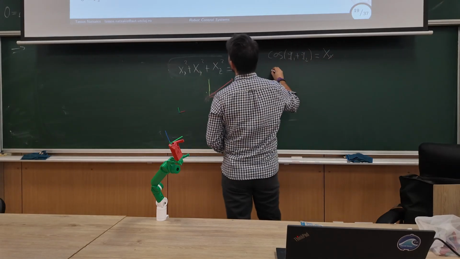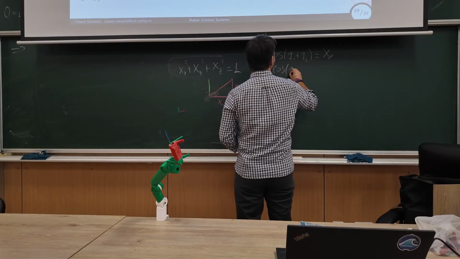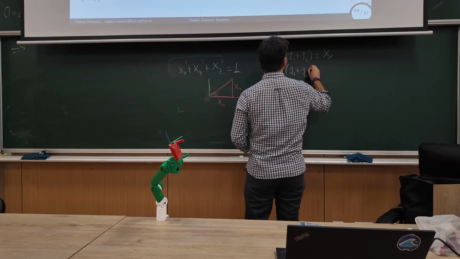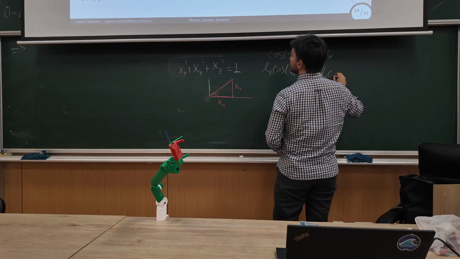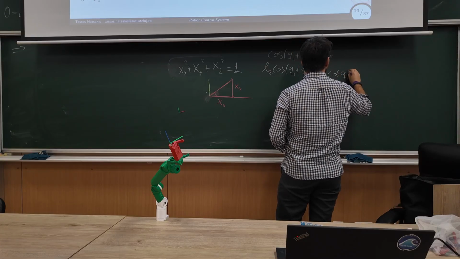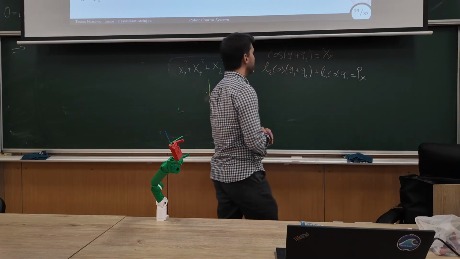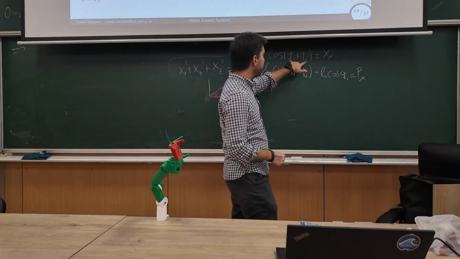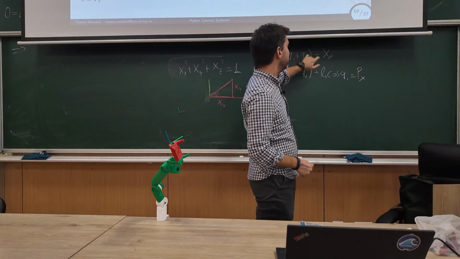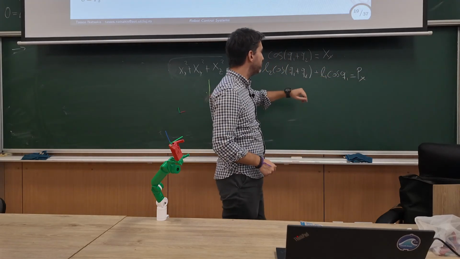X and L2 cos(Q1 plus Q2) plus L1 cosine of Q1 equals Px. Can I change Q1 and Q2 so that xx changes and px doesn't change, or the other way around?